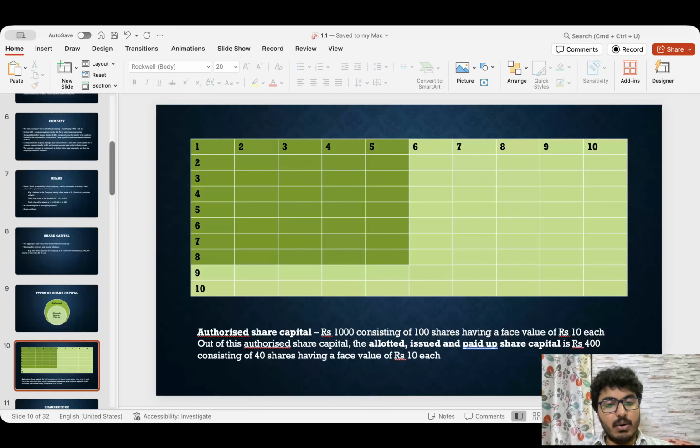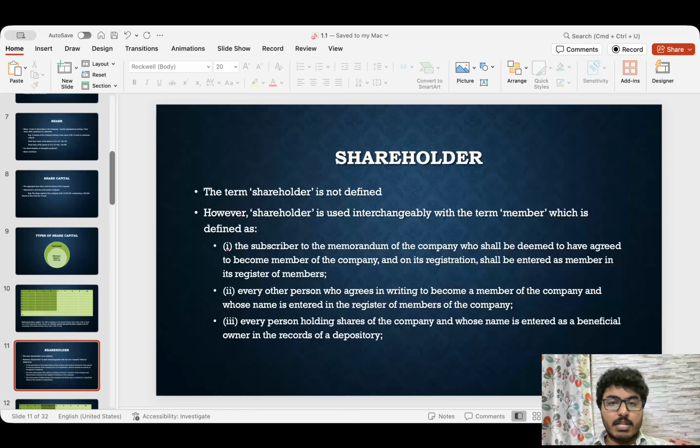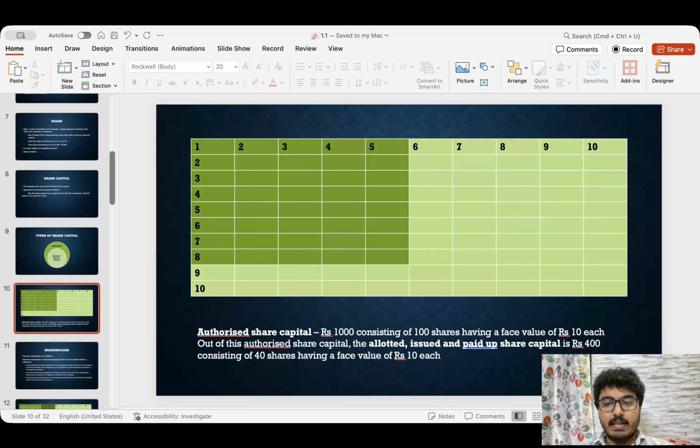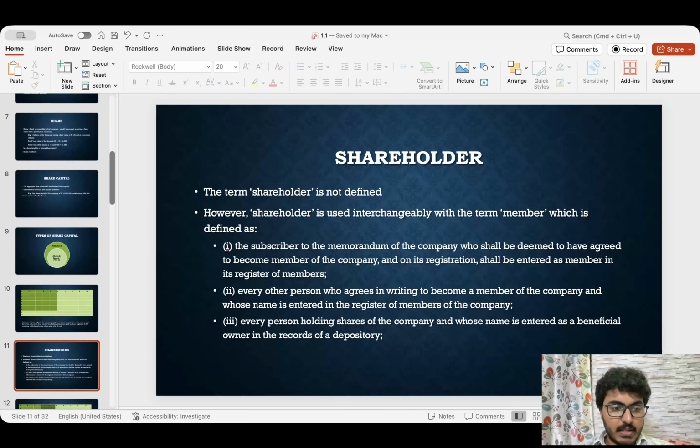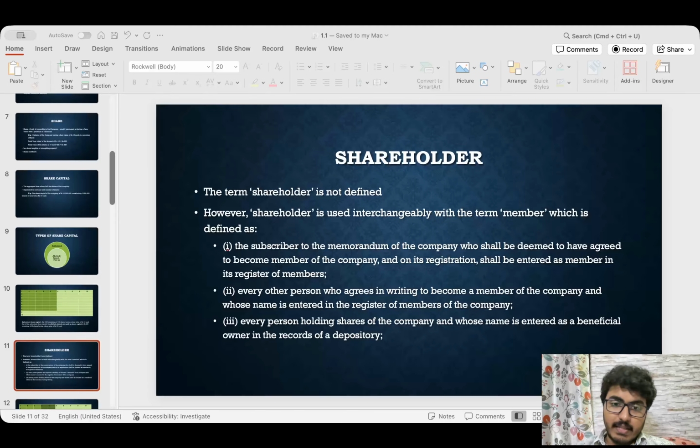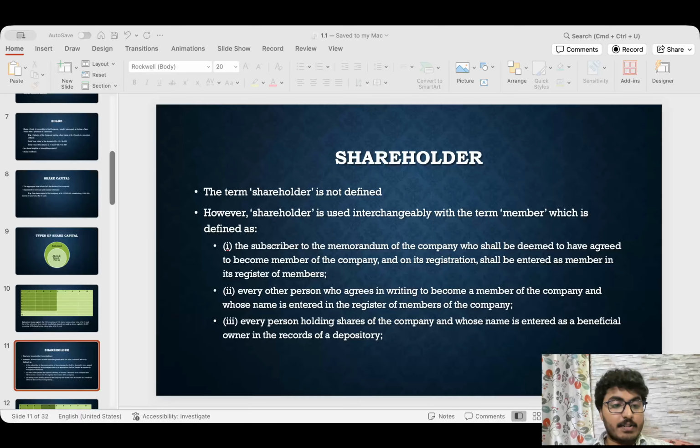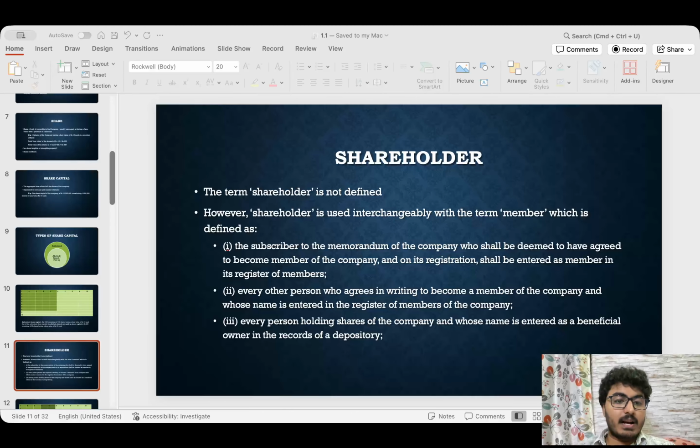Now, shareholders and members. The term shareholder is generally used interchangeably with member. A shareholder is nothing but a member of the company, and a subscriber to the memorandum automatically becomes a member upon incorporation.